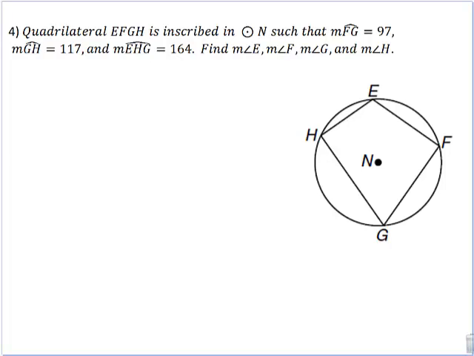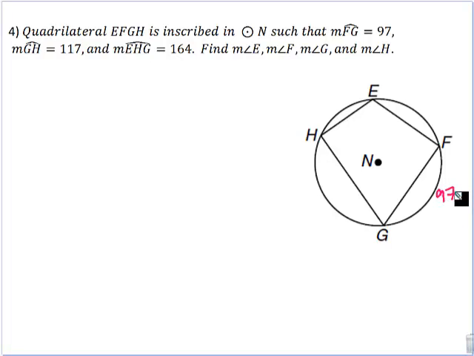Quadrilateral EFGH is inscribed in circle N such that the measure of arc FG is 97, the measure of arc GH is 117, the measure of arc EHG is 164. We want to find the 4 angle measures. So what do you think we should do first here? Oh, so you're labeling them all, right?